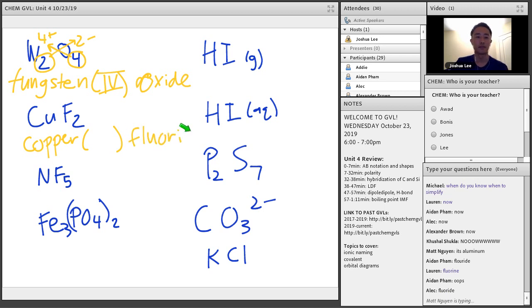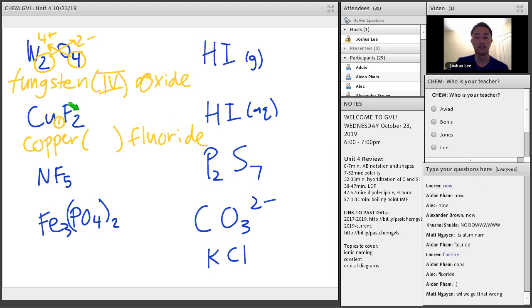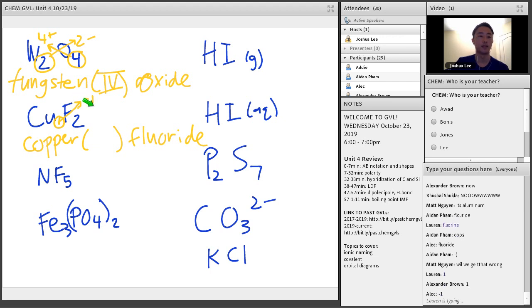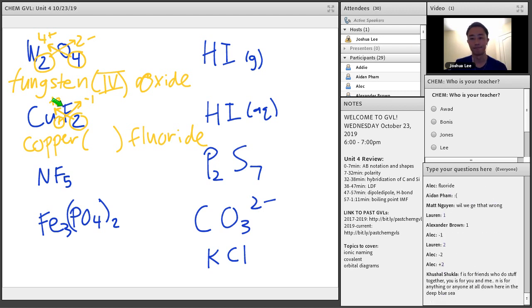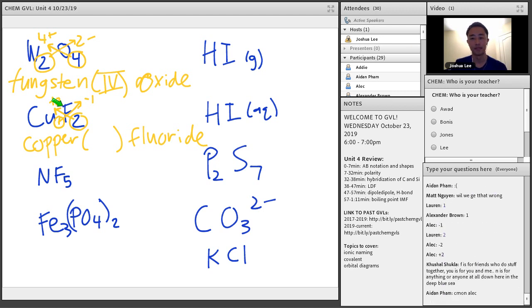Fluoride. Based on the copper, what's the charge of fluorine? -1. Based on fluorine, what's the charge of copper? +2. Does that make sense? So then copper is a +2 charge.